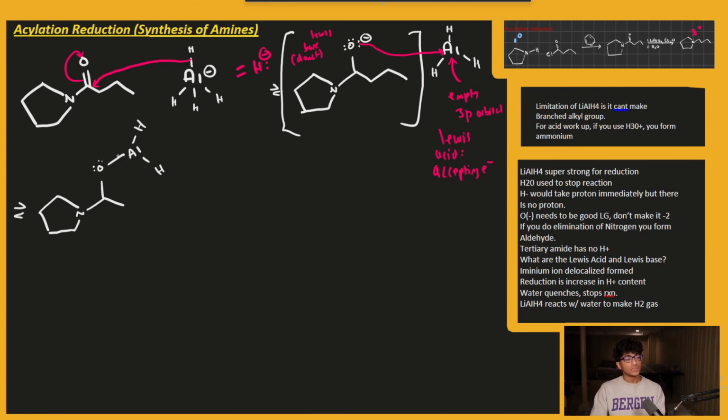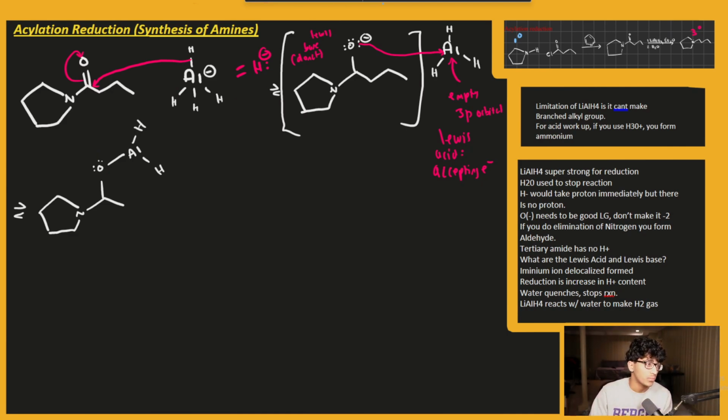So now what's gonna happen is, first off, we didn't want to kick him out because even if he gets kicked out, he's gonna have a -2 charge, so he can't leave. We want him to get kicked out with at least a negative. If he gets kicked out with -2, that's bad.